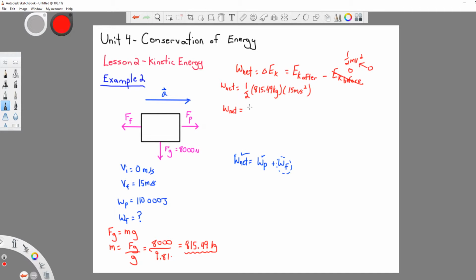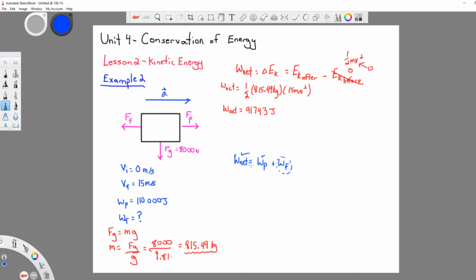Net work is, let's just go 91,743, and that is in joules. Alright. So this is doing pretty good here. Let's now move this value down to the bottom in blue.